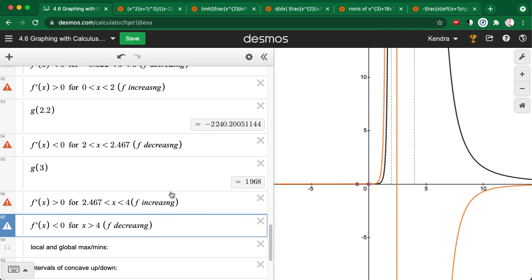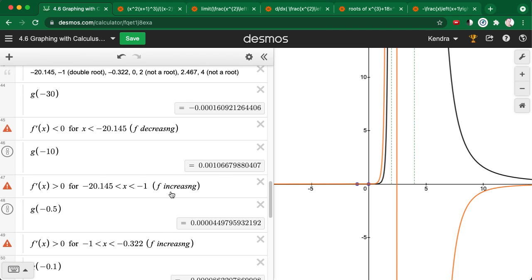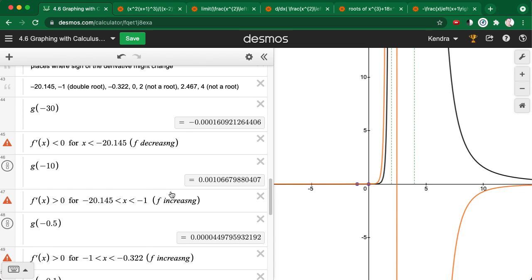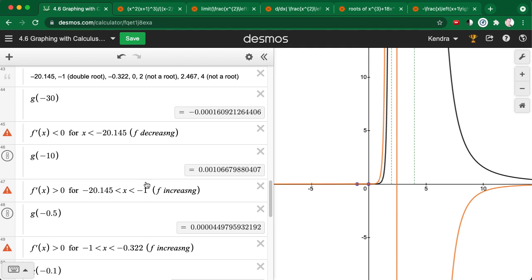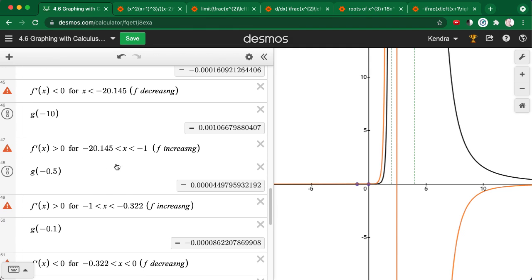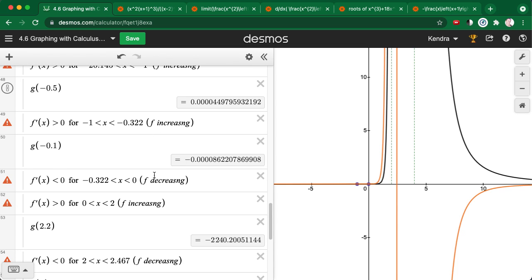But this does tell us that there are some interesting things happening here. It's first f is decreasing, and then we must hit a relative or local minimum, because then f increases and then it continues to increase, and then we must hit a local maximum because then it starts decreasing.